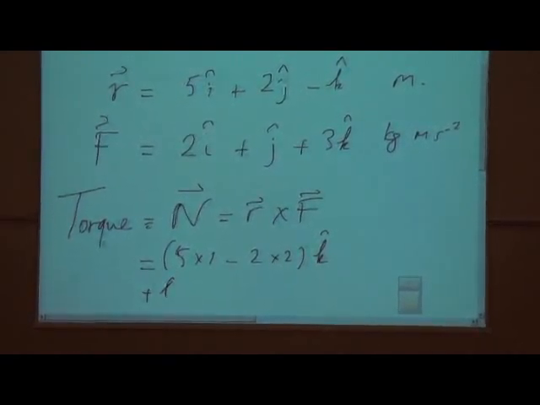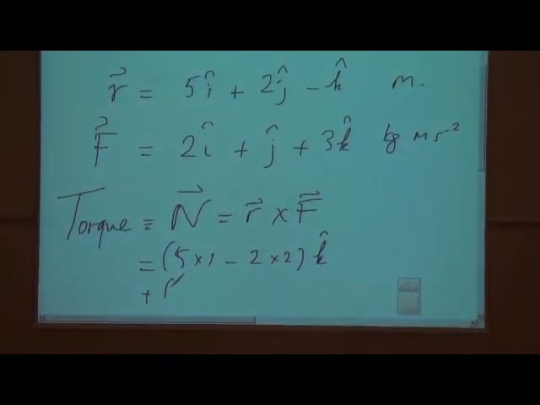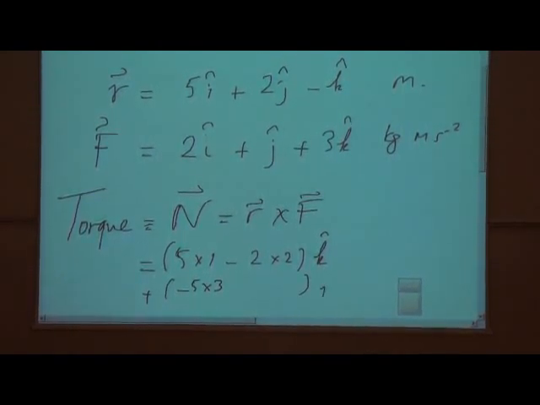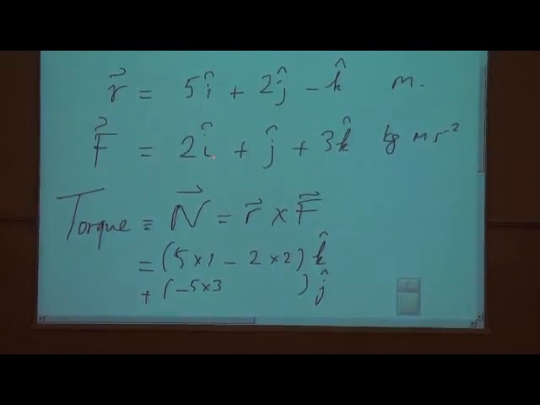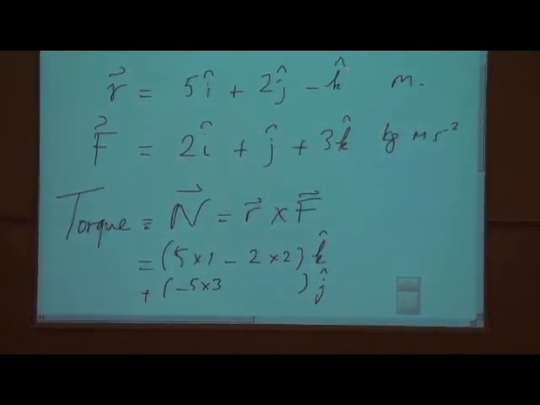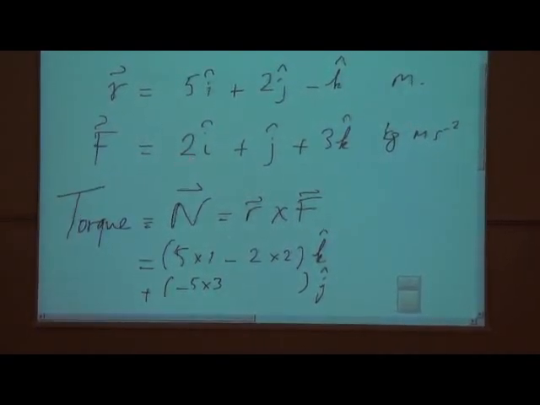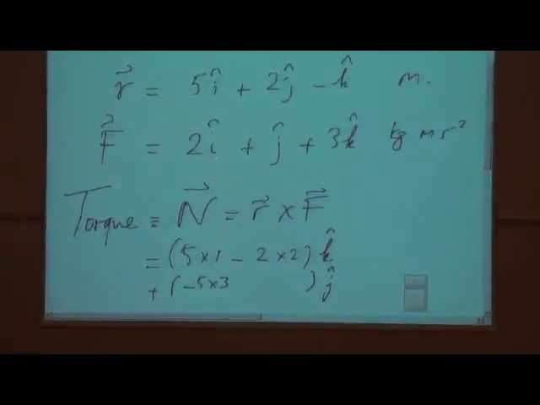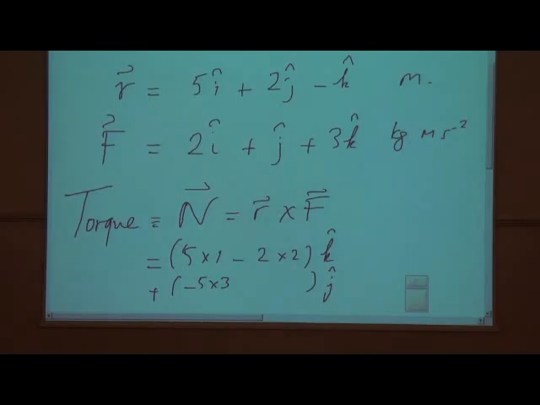J. Right? I cross K is plus J or minus J? Minus J, right? So it's minus 5 times 3. And then I can pick a K from here. And I from here, what is that? Minus 2 times K cross I is J.